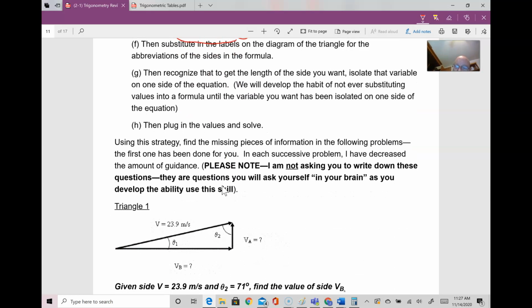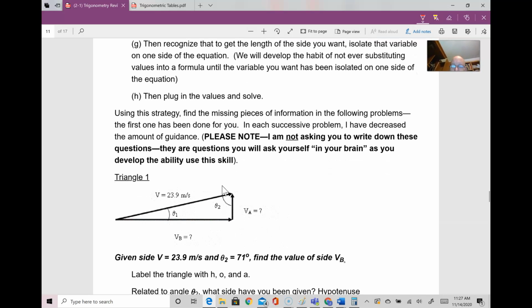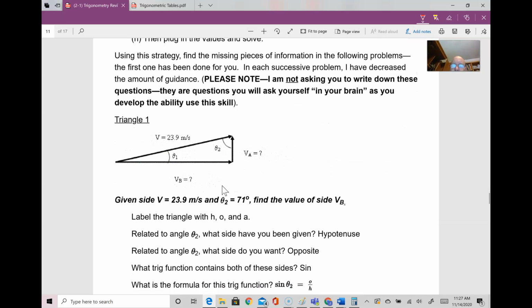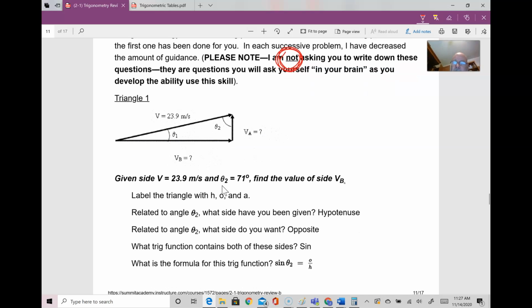So using this strategy, find the missing pieces of information in the following problems. The first one's been done for you. In each successive problem, I've decreased the amount of guidance. Now, I am not asking you to write down these questions. These are questions that you're going to ask yourself in your brain while you're doing this.